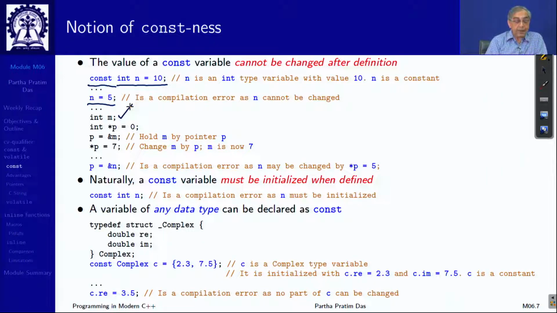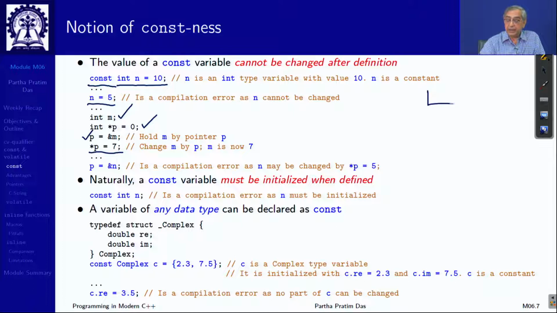Int m is an int, then star p is a pointer to an int which is initialized to 0. So, I can put the address of m in p, and using p in indirect way I can do star p assigned 7, which will actually change m, right.